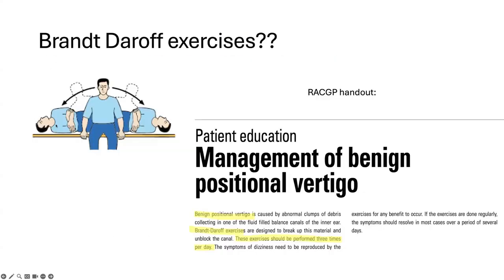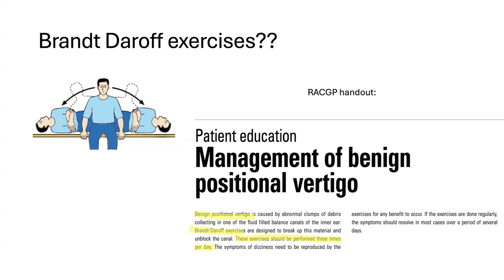You turn your head, you lie on one side, you turn your head, you go to the other side. In my BPPV training, we were taught that the Brandt-Daroff is a habituation exercise. So if you've got long-standing vertigo, the Brandt-Daroff can be used to try and habituate and get used to vertigo. And it's not really a BPPV exercise.